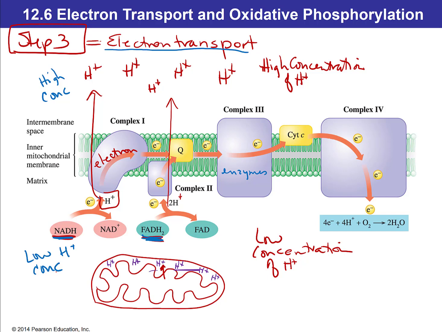So the little picture I drew at the bottom: now you get lots of hydrogen ions in that space outside of the ruffle, but inside of the outer membrane. In that little space in the mitochondria, you have lots of hydrogen ions that build up. And inside, you don't have very much at all. So we have high concentration and low concentration.